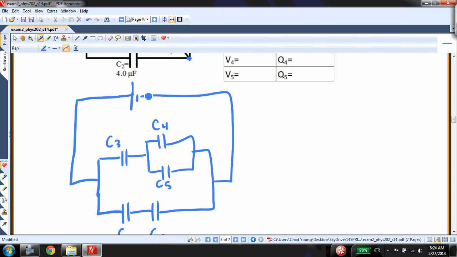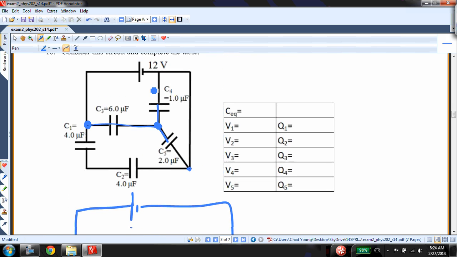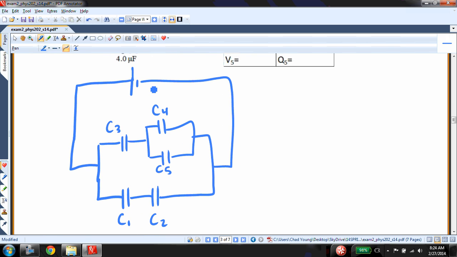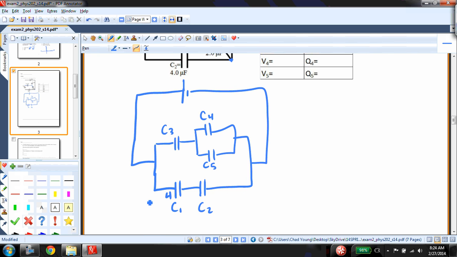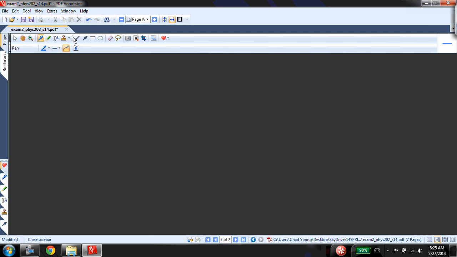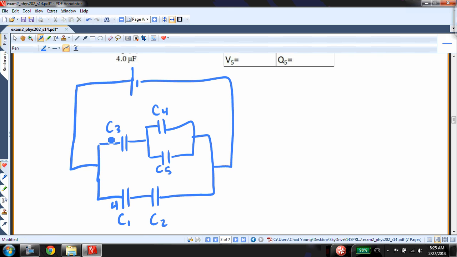All right, so this is the circuit we're dealing with, and let's put in our values here. C1 is 4 microfarads. C2 is 4 microfarads. C3 is 6 microfarads. C4 is 1, and C5 is 2.